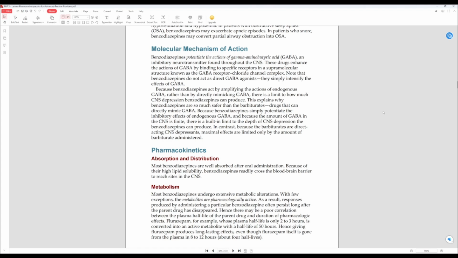Because benzodiazepines simply potentiate the inhibitory effect of endogenous GABA, and because the amount of GABA in the CNS is finite, there is a built-in limit to the depth of CNS depression that benzodiazepines can produce. In contrast, because barbiturates are direct-acting CNS depressants, maximal effects are limited only by the amount of barbiturate administered.